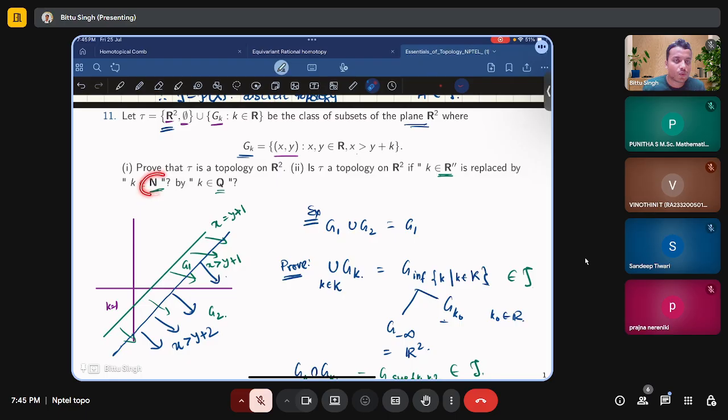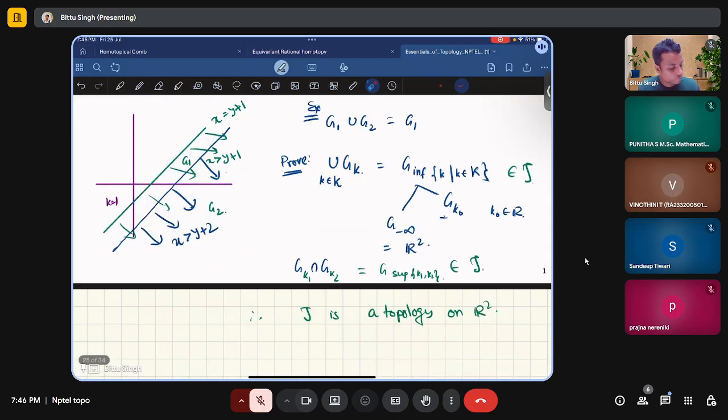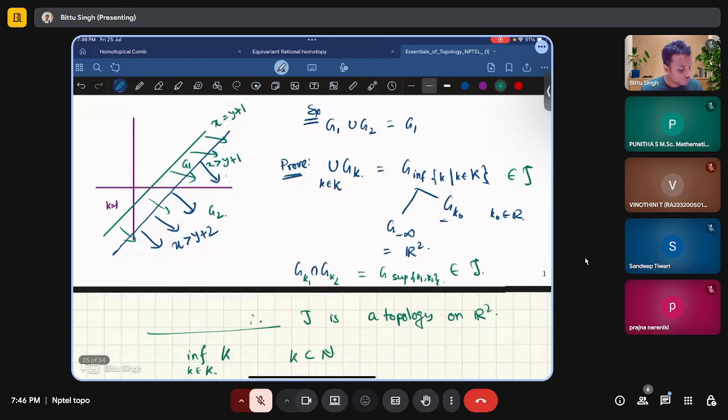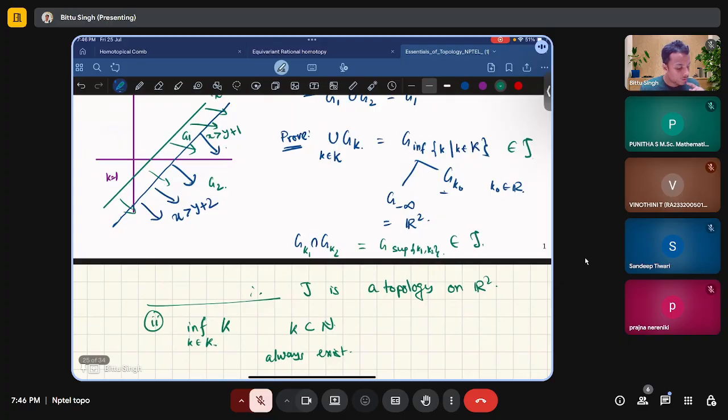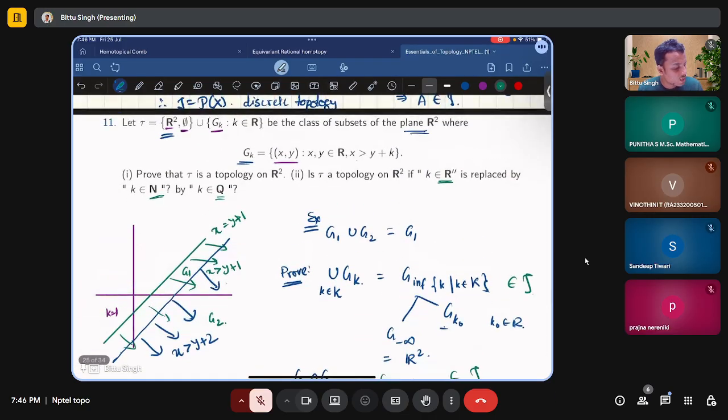For natural numbers, there is no issue, because whatever you take, the infimum of a subset K of natural numbers is a natural number. This is for case 2. This always exists. Always exists means there is no negative infinity problem either. So it always takes this kind of form.